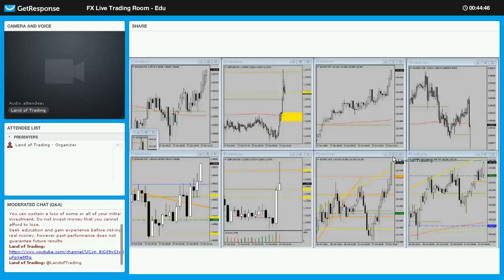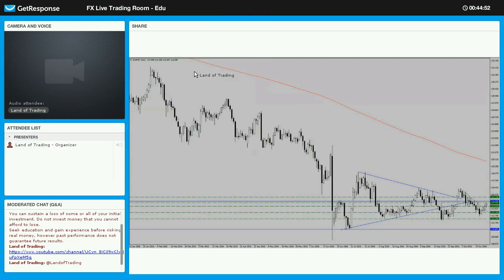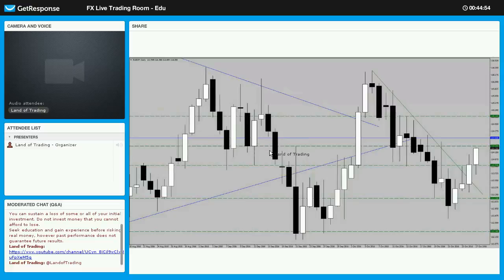Euro yen got some intraday supply around 114.40, 114.50, as you may see, a green line, daily chart, horizontal line. Something in between 114.40, 114.60.